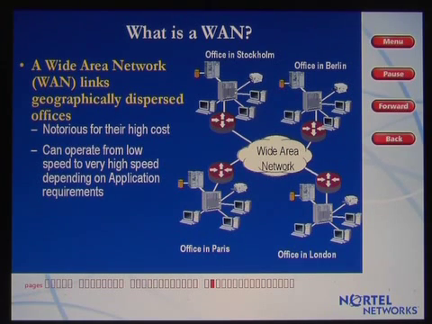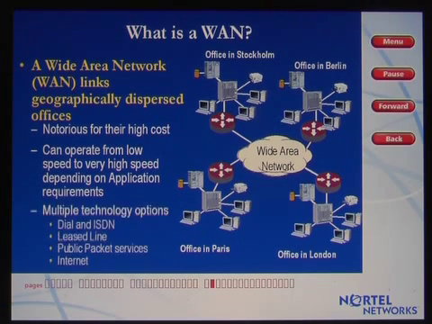And video conferencing traffic is usually about 128 kilobits per second to 384 kilobits per second and is also real-time and can't tolerate network delays. Different technologies can be used depending on traffic type. Possible technologies are PSTN and ISDN dial, leased line circuits, public packet switched networks, or even the Internet.